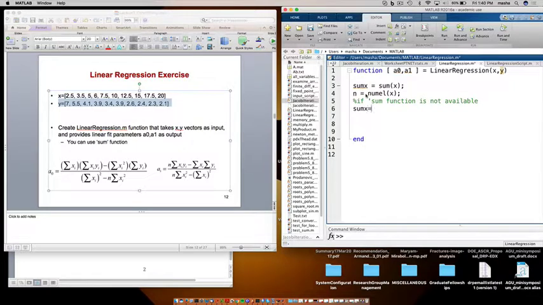Then you would do sum x is equal to 0, for i is 1 through n, sum x is x of i plus sum x, end.